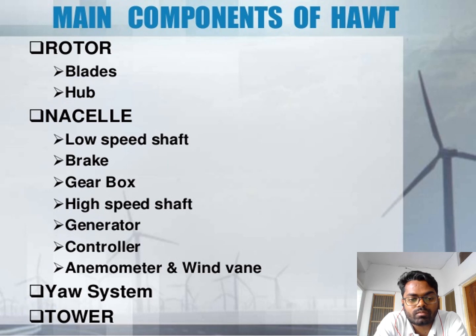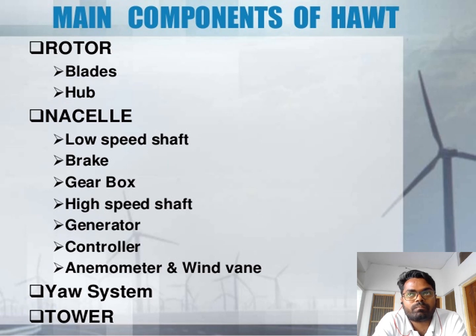Now, here a controller is also mentioned. The function of the controller is to detect the information about the wind, whether the incoming wind speed is less or more than the designed speed.